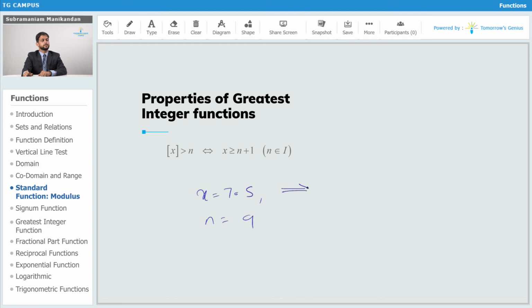This means that box of 7.5 is greater than 9. That is 7.